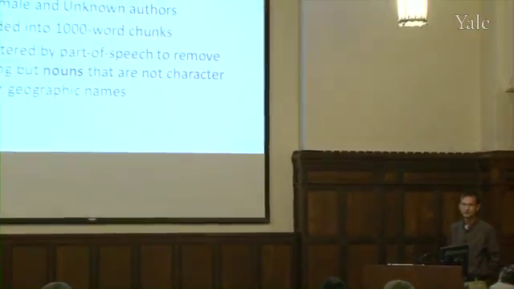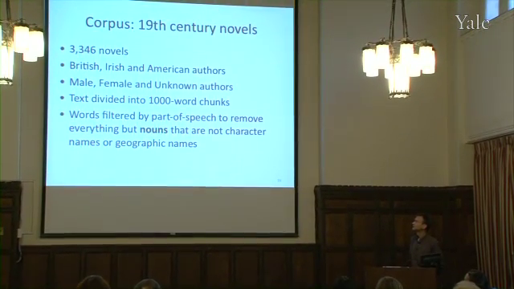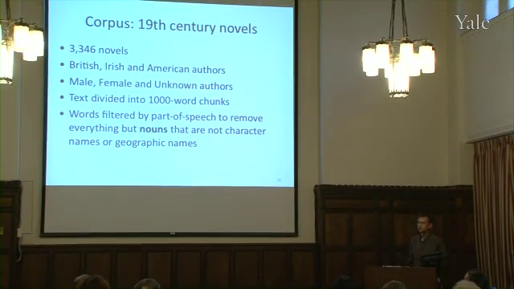So I'm going to show you a case study on a subset of the open source, or the open book collection. These are 19th century novels. We've narrowed the focus down from those 1.2 million books to 3,346 novels. These are by British, Irish, and American authors. There are male authors, females, and unknown authors.